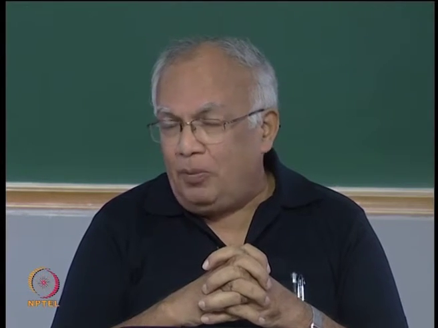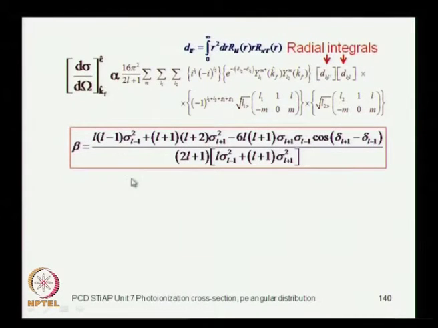What else will it include? It will include the phase shifts, and the phase shifts will appear as arguments of trigonometric functions as cosine and sine terms, okay. So, what Cooper-Zare did was to introduce a parameter which includes these terms. So, there is a quadratic term in the radial integral which is sigma, okay.